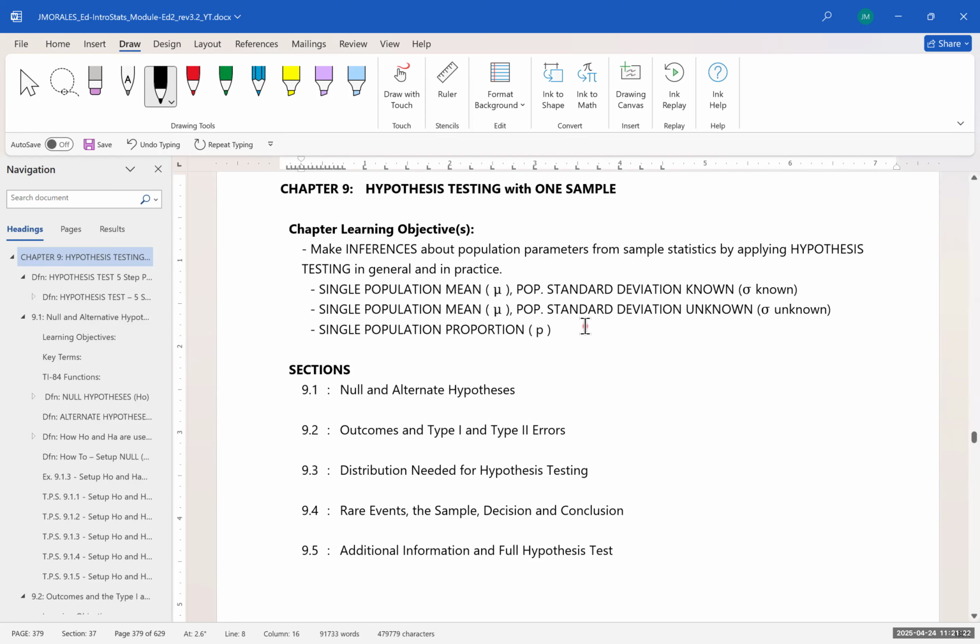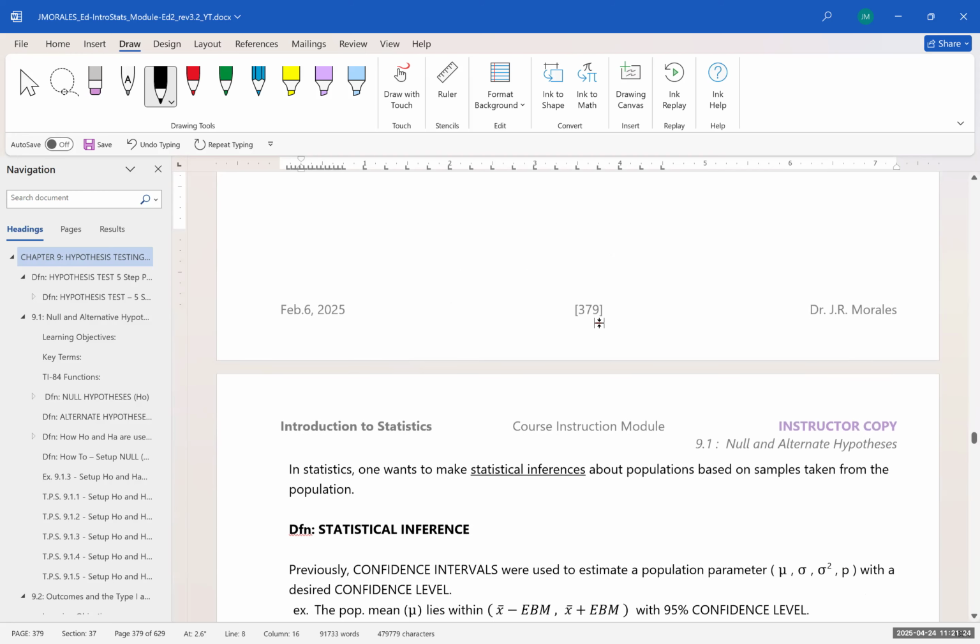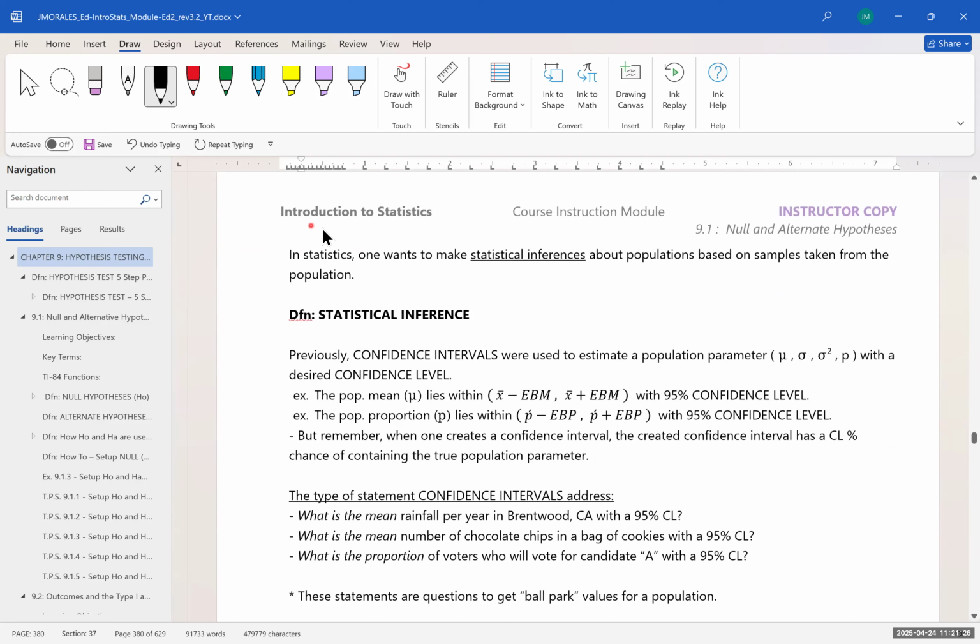Okay. So in statistics, one wants to make statistical inferences about populations based on samples taken from the population. Statistical inference is different than descriptive statistics.